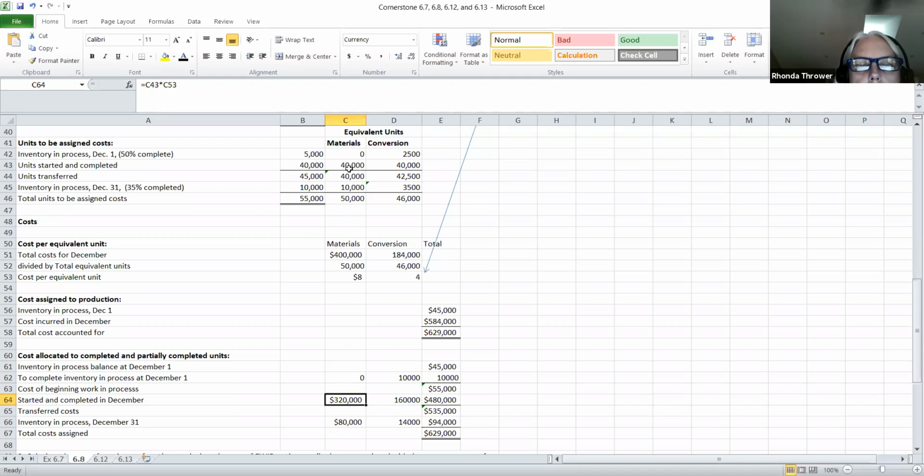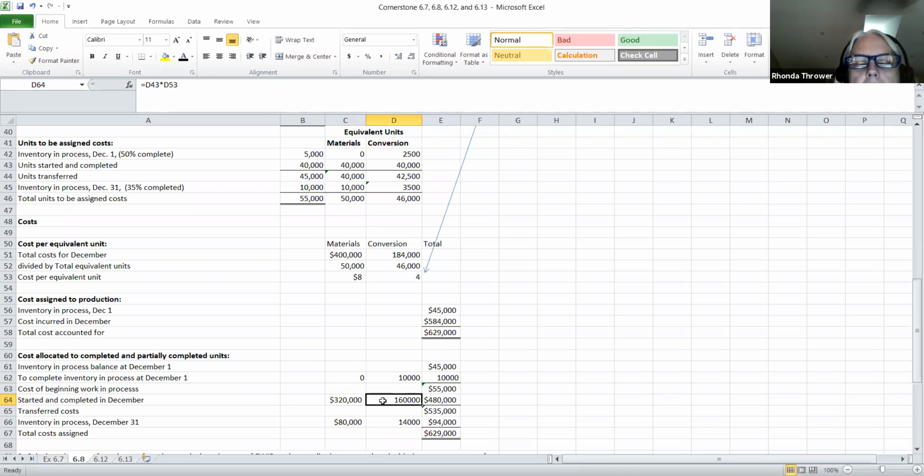I'm going to look at what I started and completed, which was 40,000 units. 40,000 units of my materials has to be multiplied by the materials cost per equivalent unit of $8. So 40,000 times $8 is how I get 320,000. That's my materials cost of my started and completed units.